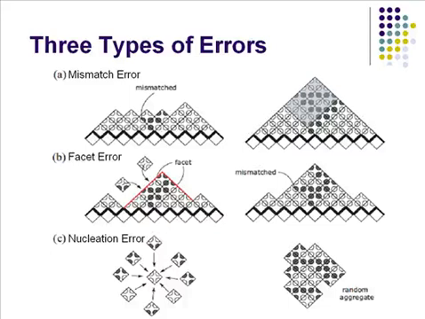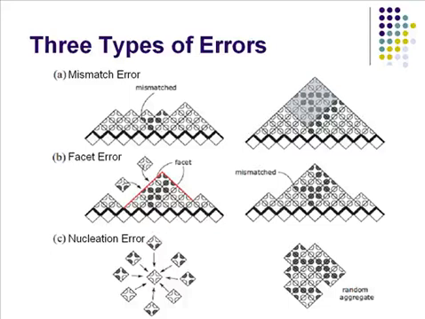And the second type of error is called facet error. So in this case, two DNA tiles are attached side by side by chance. Then it can grow another layer of facet. But the result of this growth has no relevance to the previous growth.